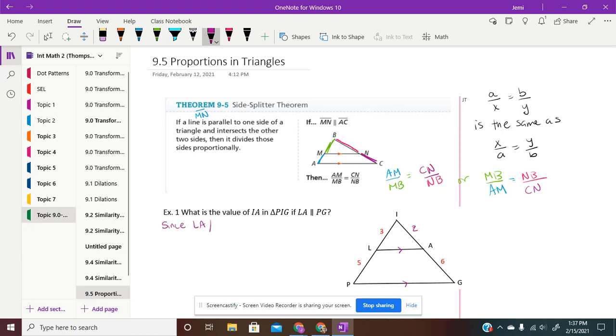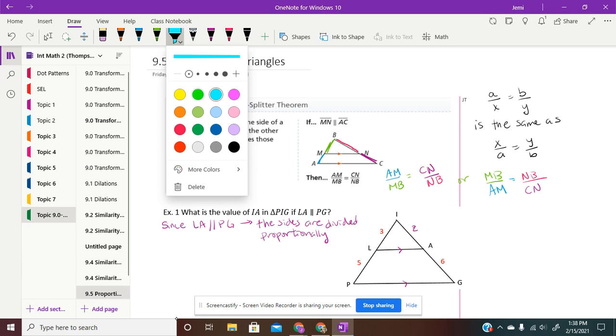Since LA is parallel to PG, that means the sides are divided proportionally. So I'm going to set this up, and I'm going to use some colors here, to try to really make it clear for us.